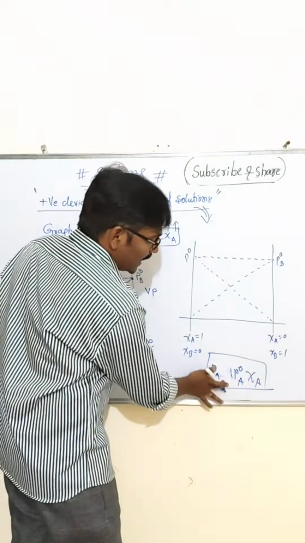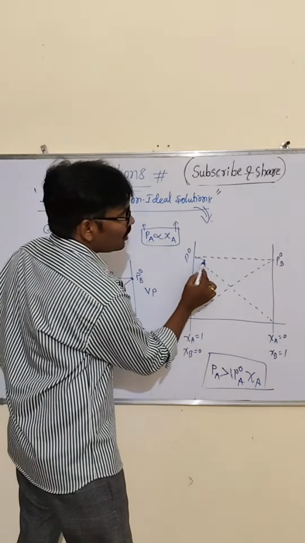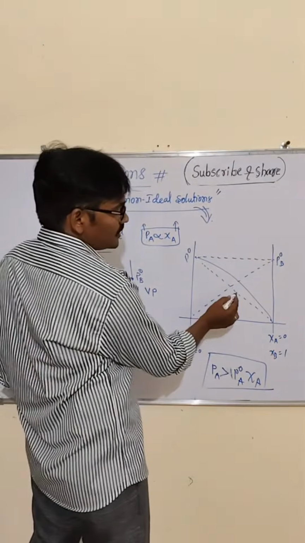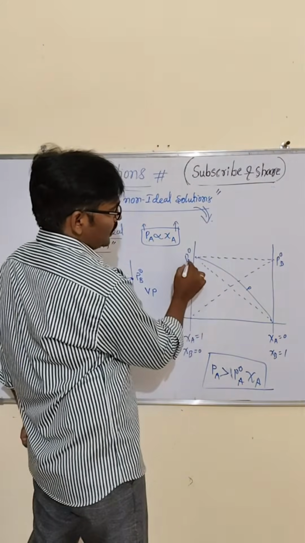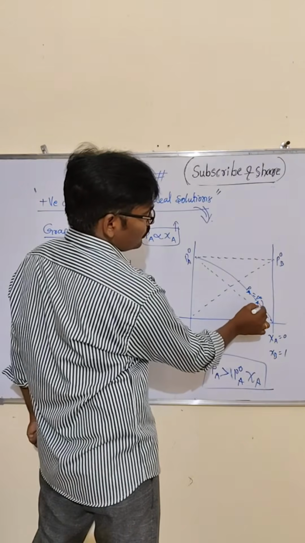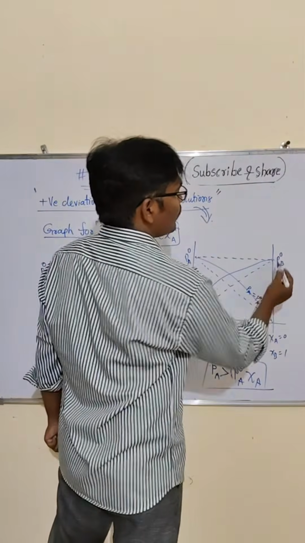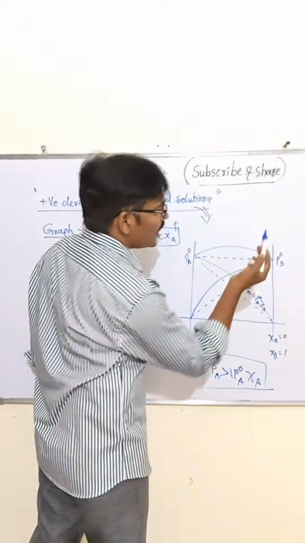In case it is greater, then we can get a curve above that particular line. So this belongs to PA. Even for this, we can get it above that particular line. Even the P total also we can get above the line.